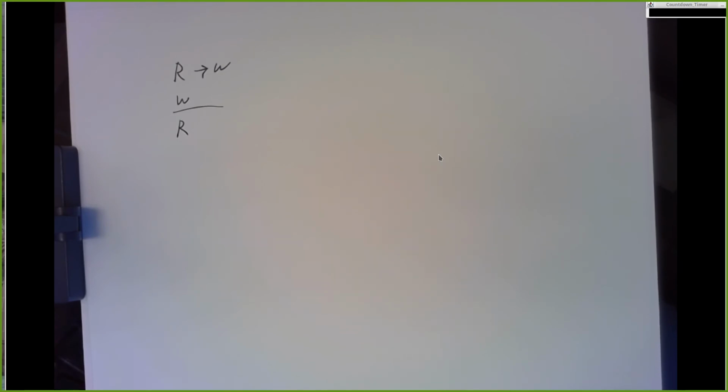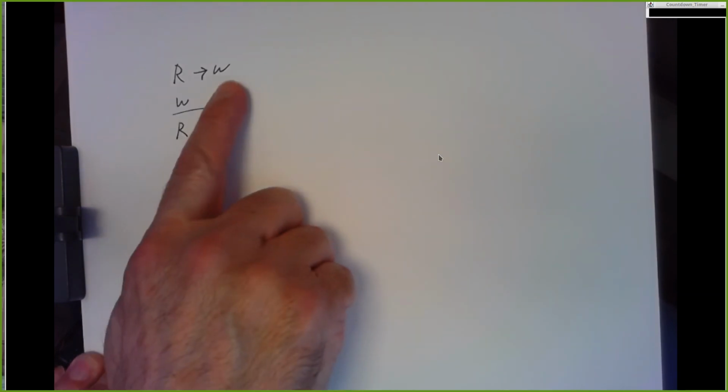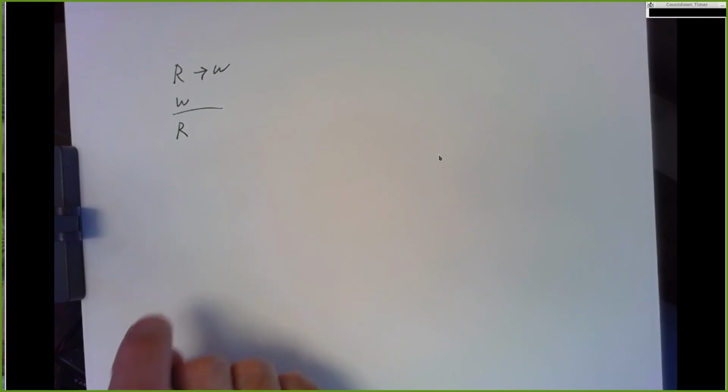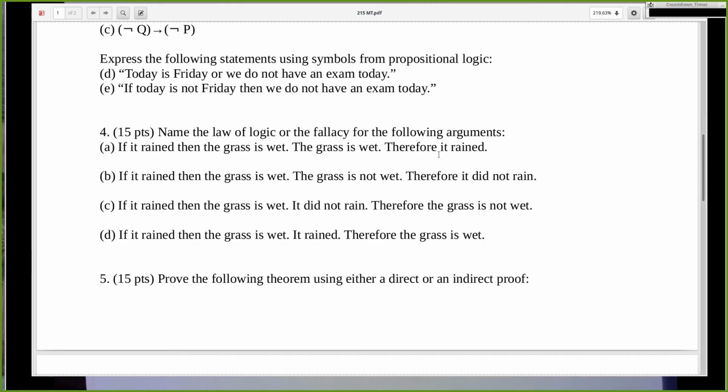Right, that's a fallacy. That's the fallacy of affirming the conclusion. It's the same thing as if the lamp is broken, the room is dark. The room is dark, so the lamp is broken. All right, so part 1, fallacy of affirming the conclusion.